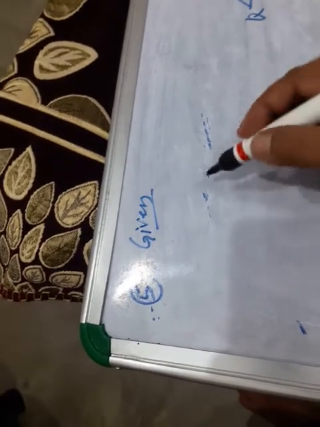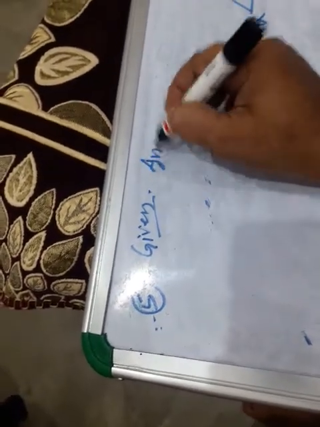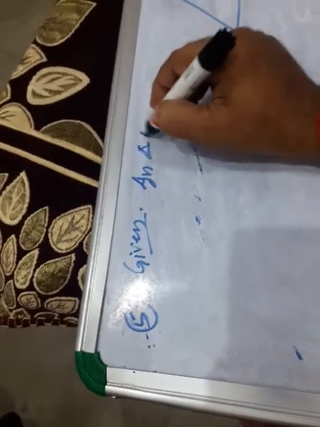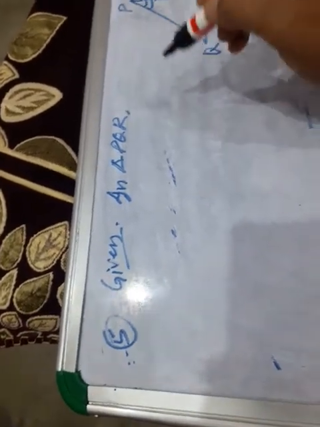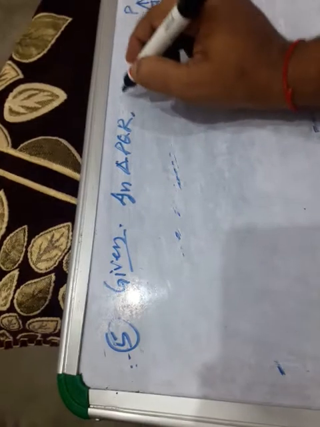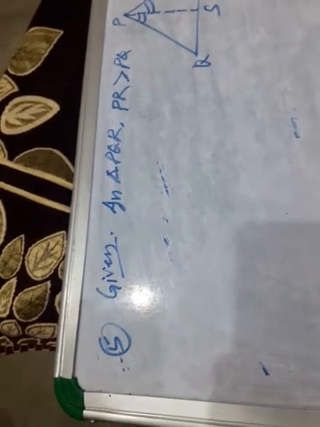In triangle PQR, what is given? PR, this side, is greater than PQ. This is greater than PQ. It is given in the question.